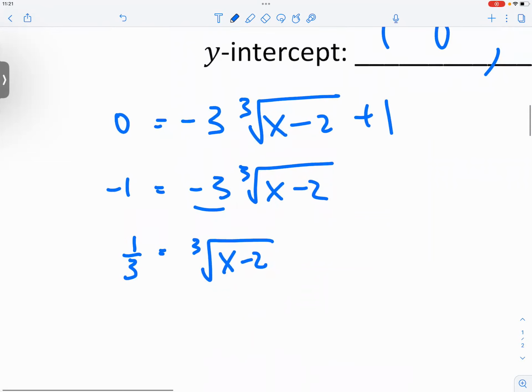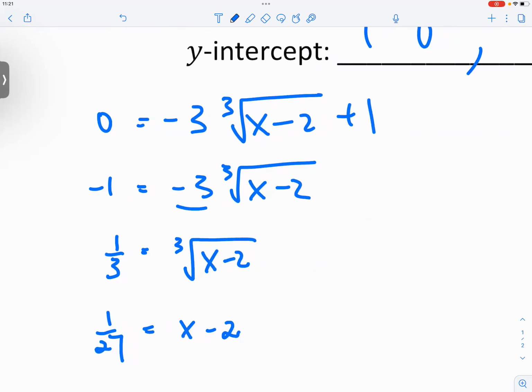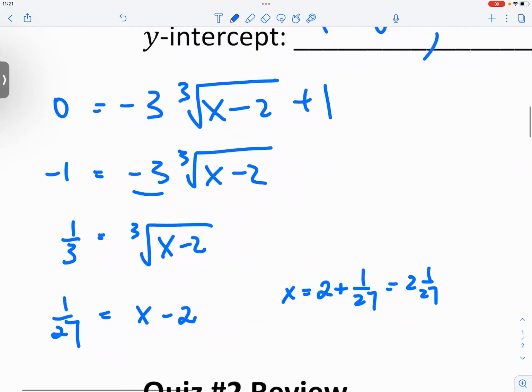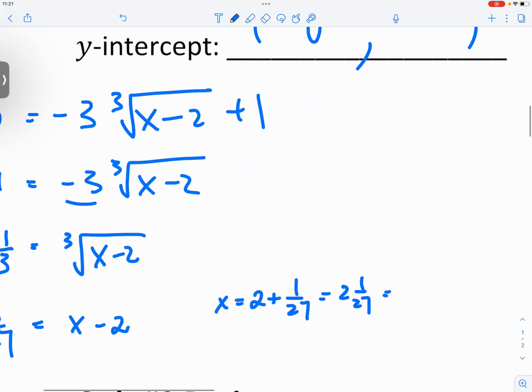And then you would cube both sides, which makes this 1 over 27. Okay. Then you add the 2 over. Okay. So that means x is equal to 2 plus 1 over 27. Or if you say 2 and 1 over 27, I would take it. Or even better, if you say 55 over 27, that would be even more lovely.